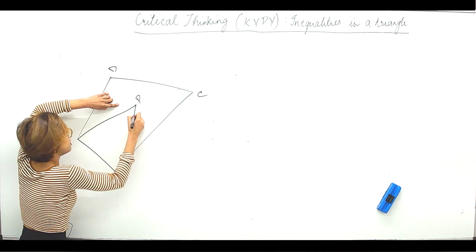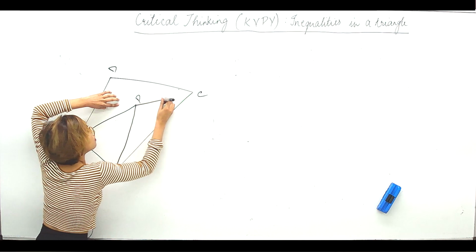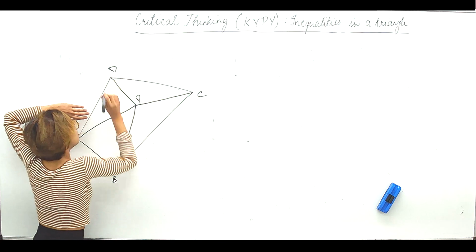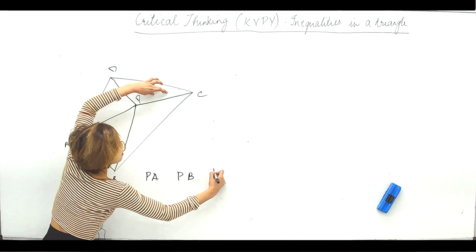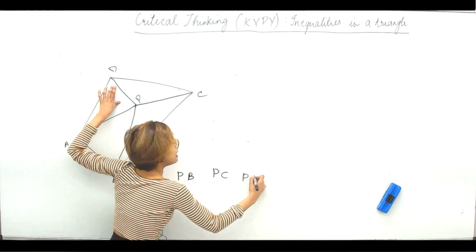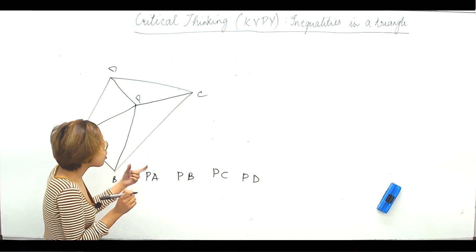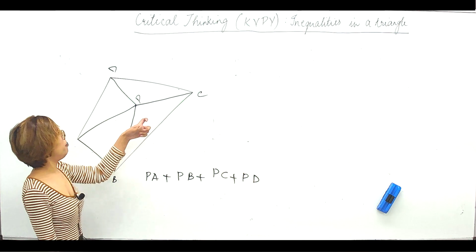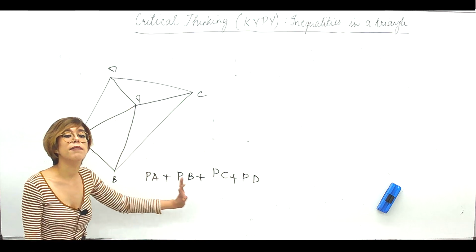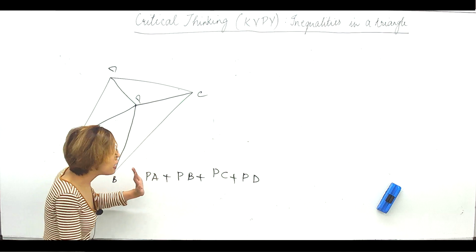From this vertex, which will be this one. Then this one. Then this one. So basically, PA, PB, PC and PD. These are the distances, and he is talking about the sum of them. So PA plus PB plus PC plus PD. These are the sum of distances. This should be minimum.